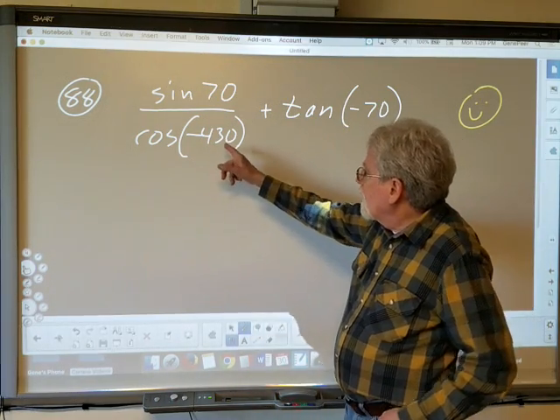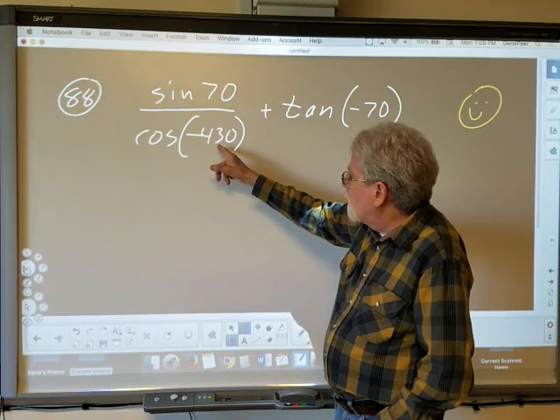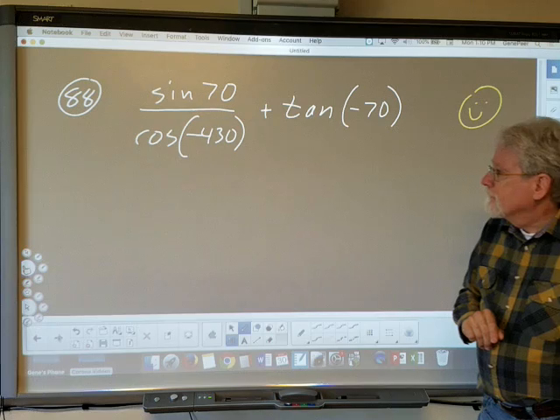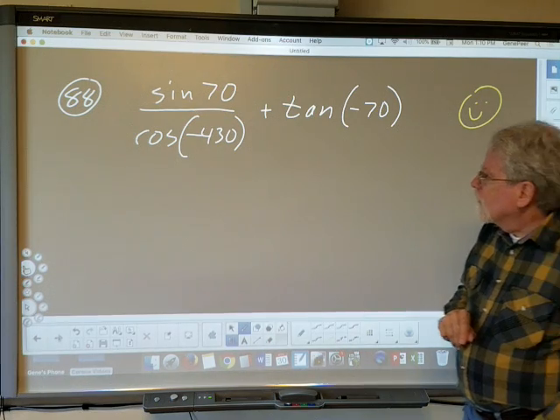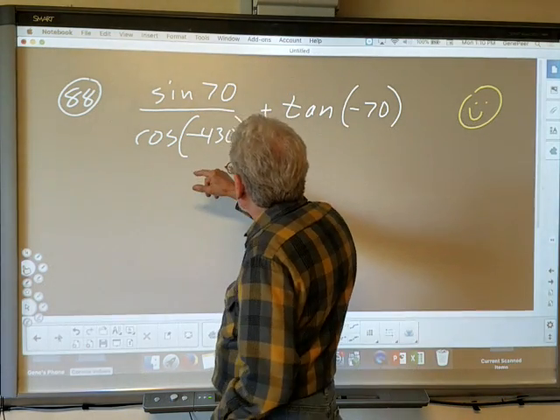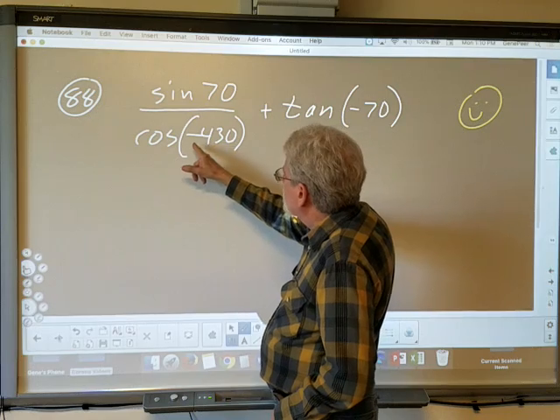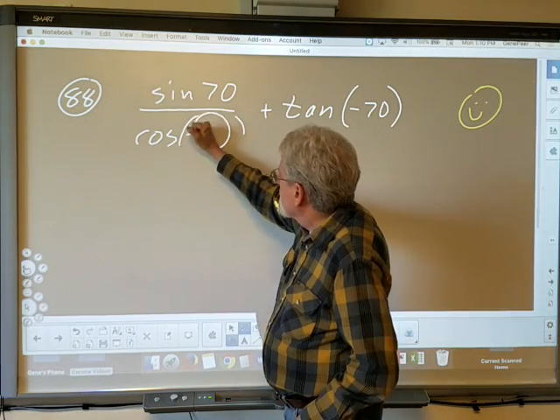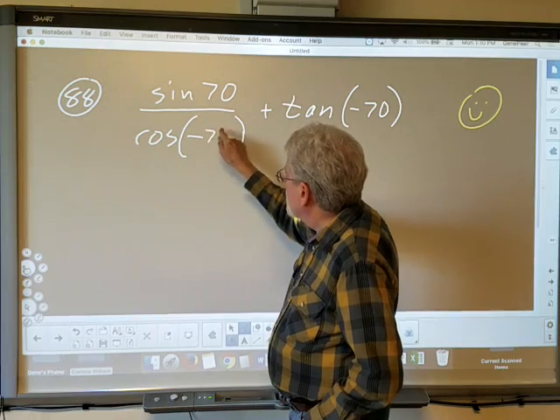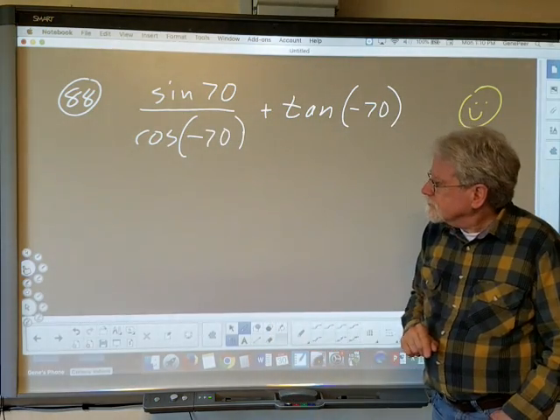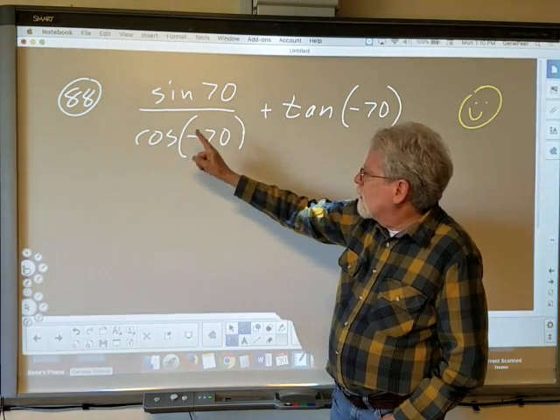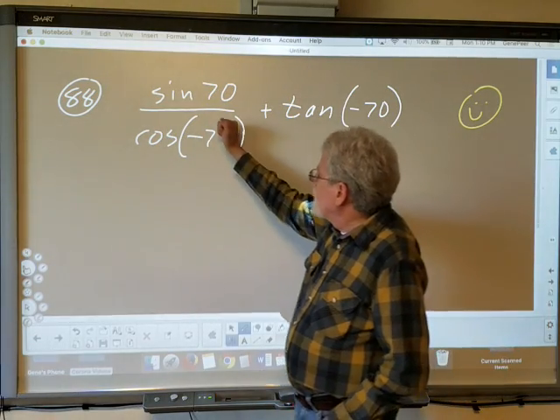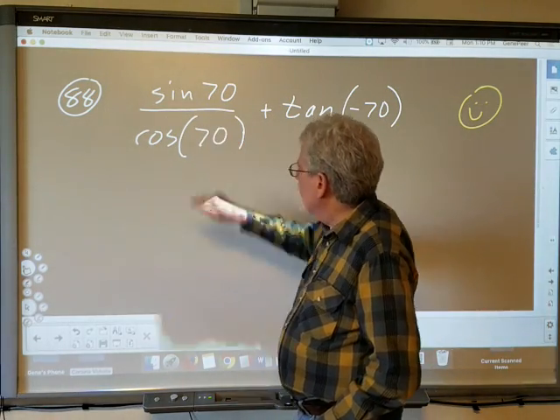Well, if I subtract out 360 from this, I'm left with the cosine of negative 70. But wait just a moment. Cosine is that one where if you've got a negative angle, you can simply drop it. So this becomes cosine of 70.